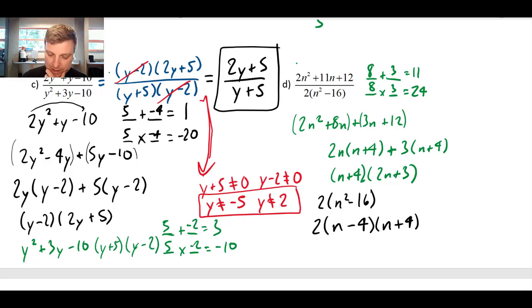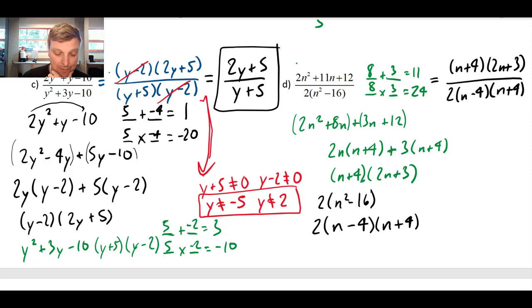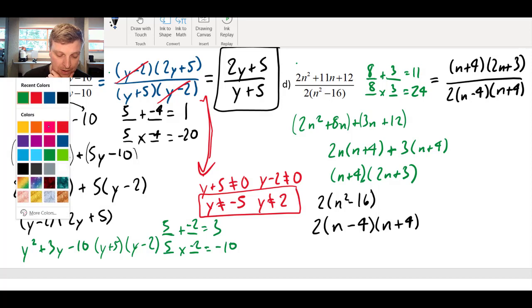And so those come together like this. So this whole expression could be rewritten as n plus 4 times 2n plus 3, all divided by 2 times n minus 4 times n plus 4.